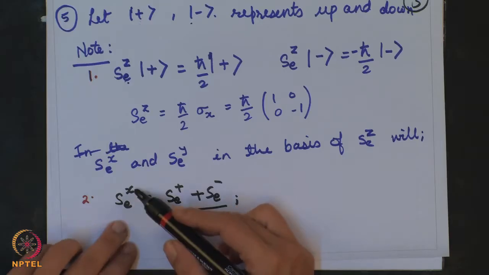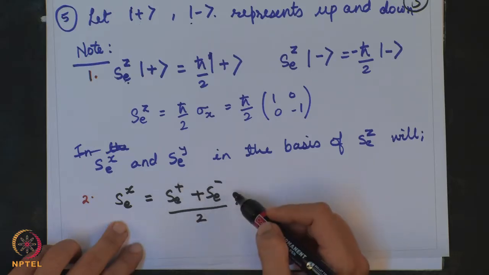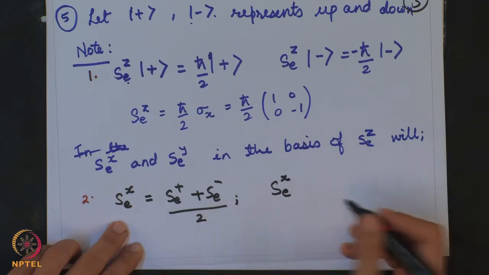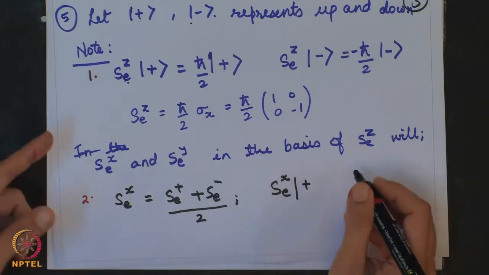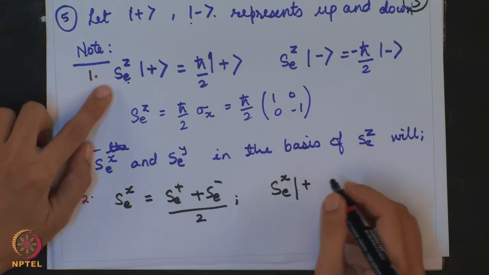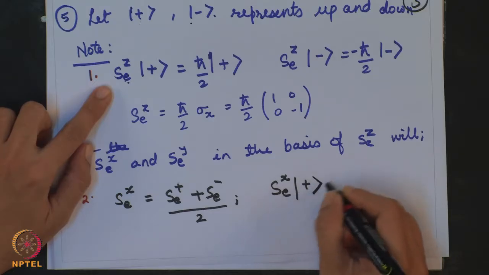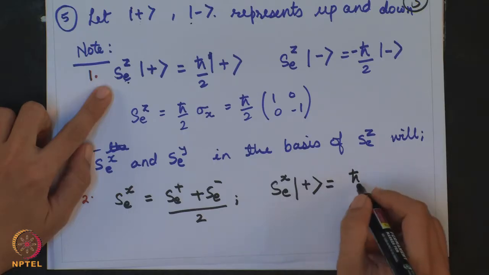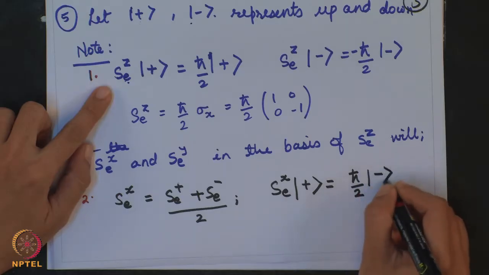So Sex can be written in terms of the ladder operators plus and minus. When you operate the x component on the eigenket of Sz, if you are operating on the plus state, you will get h cross by 2 and you will have a flip in the sign.